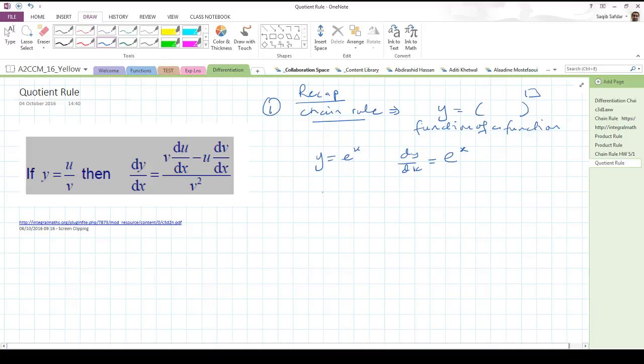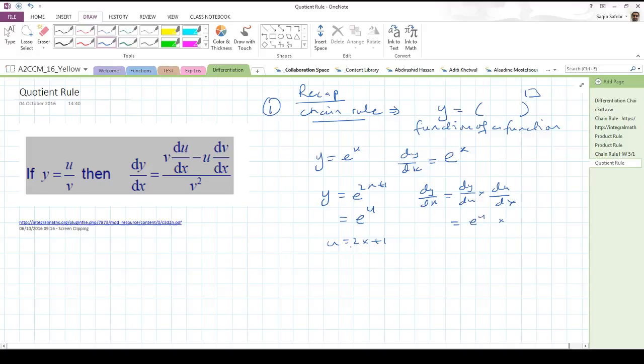Now, if I was to change that and I said, well, y equals e to the power of 2x plus 1, can you give me dy over dx? Well, that's still easy. It's still going to be our chain rule, where I can rewrite this as e to the power of u, where u equals 2x plus 1. And therefore, if I differentiate e to the power of u, we still get e to the u.